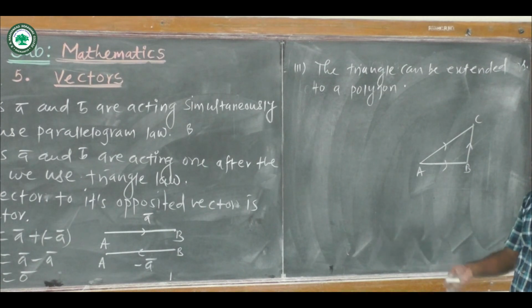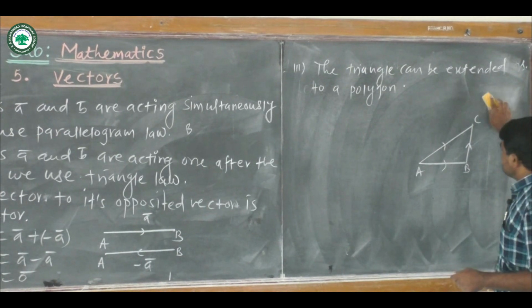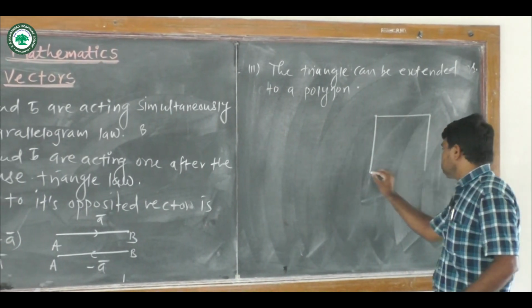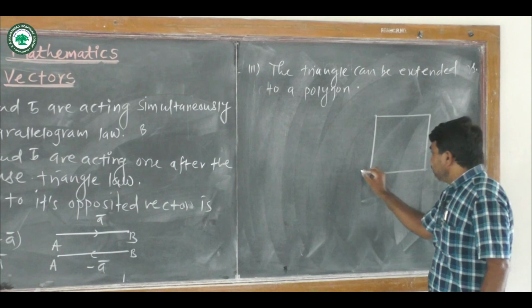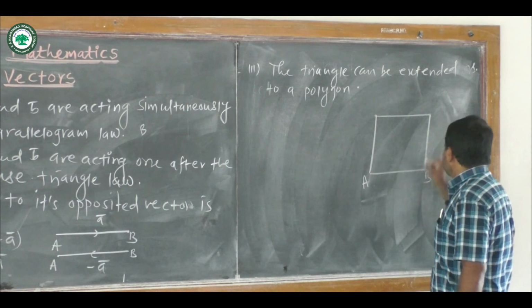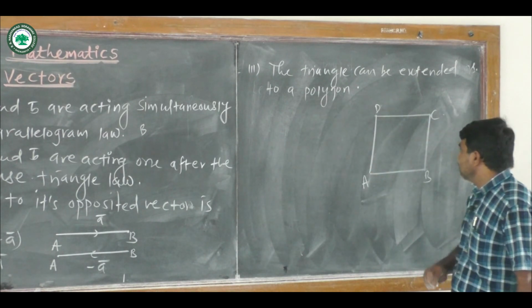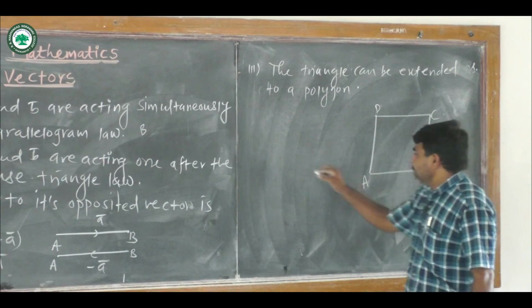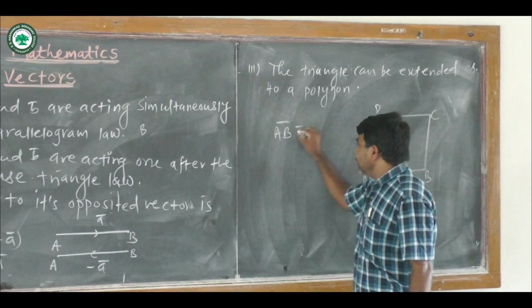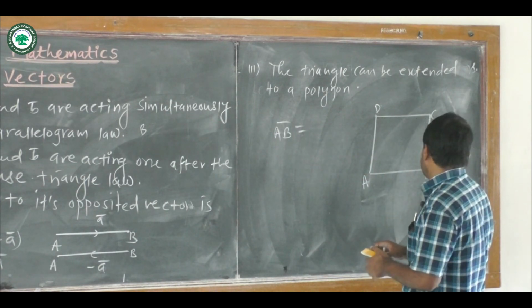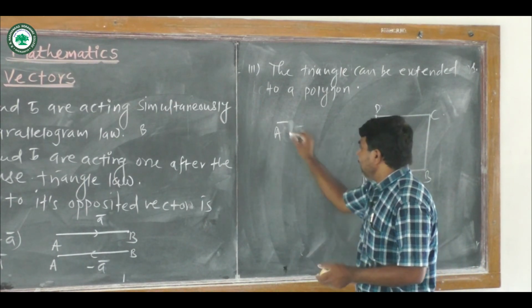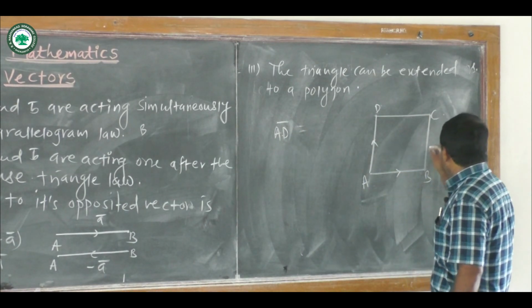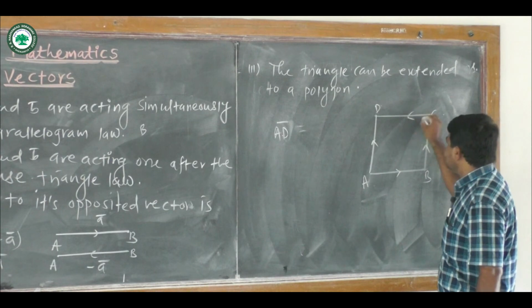It is a triangle. If we draw a quadrilateral A, B, C, D, see here, then AD bar is equal to AB bar plus BC bar plus CD bar.